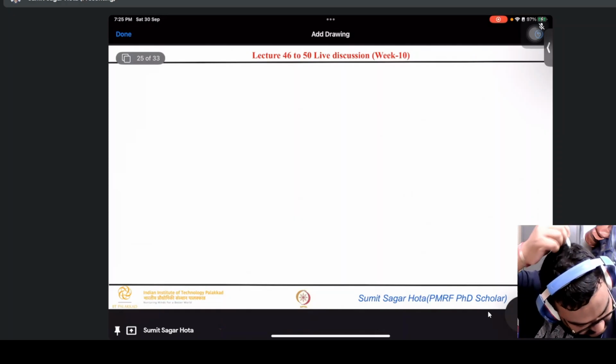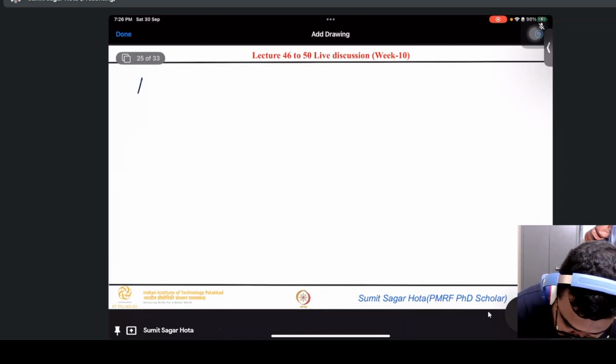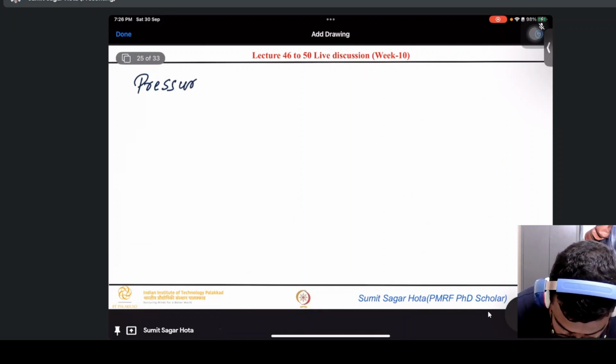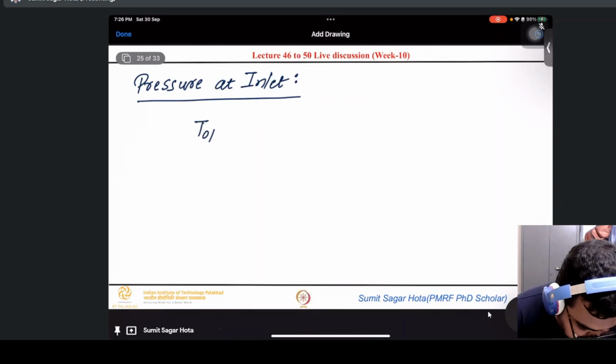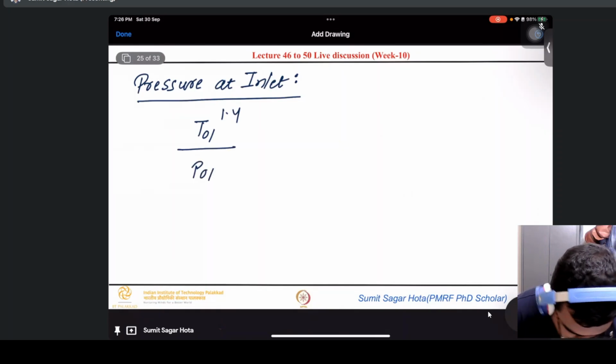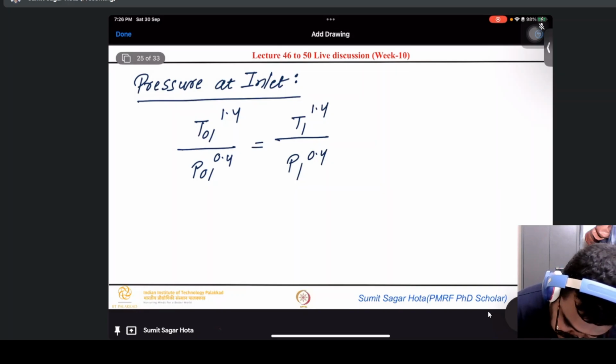What is the pressure at the inlet? Just write down the pressure and temperature ratio: T01 to the power 1.4, P01 to the power 0.4 is equal to T1 to the power 1.4, P1 to the power 0.4.